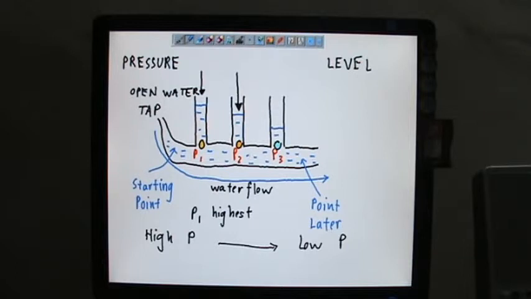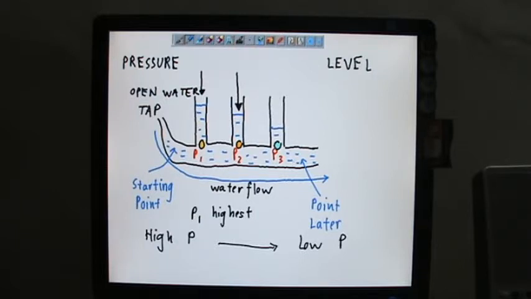Why? Because the water flow here actually has less pressure. Less pressure, so this external atmospheric pressure is higher, it will press it down. And then as for this green or light blue thing, the water flow here actually has the lowest pressure.